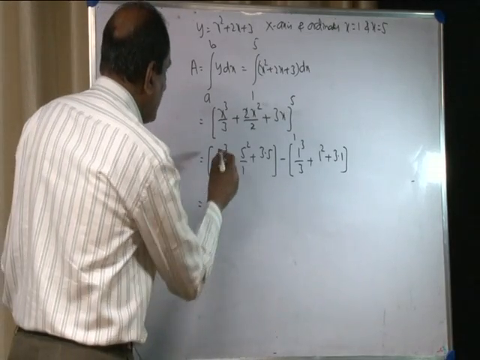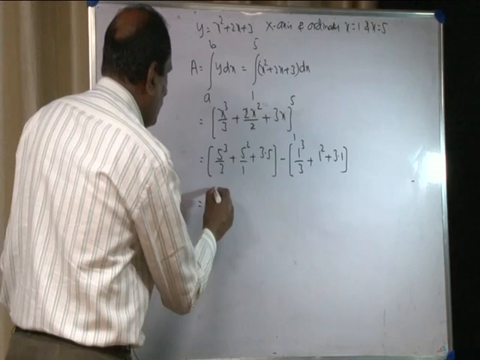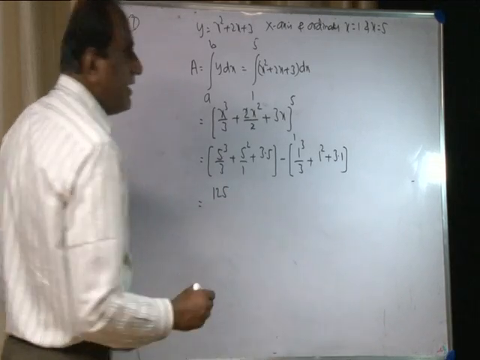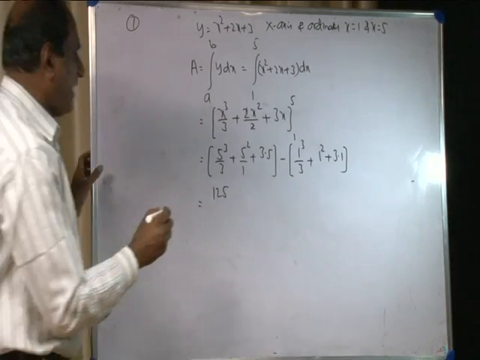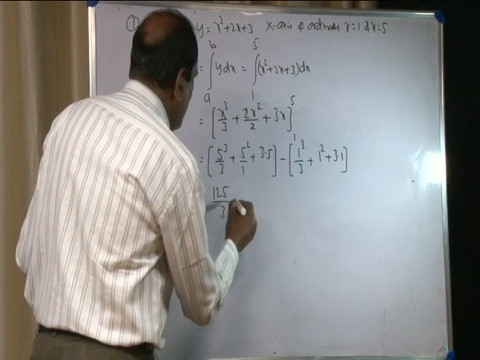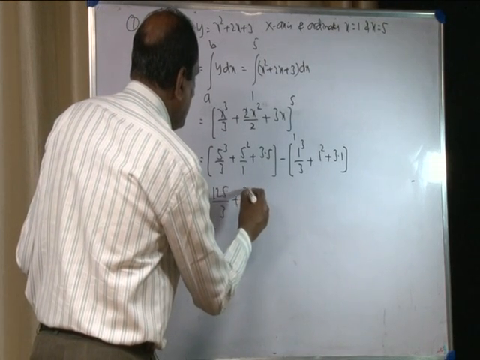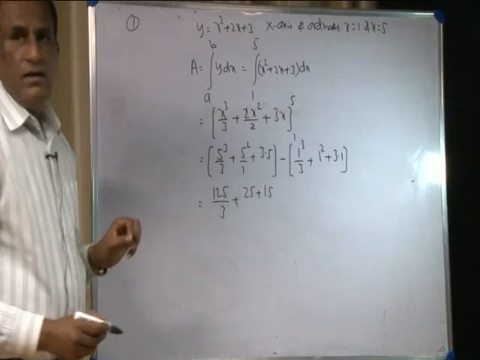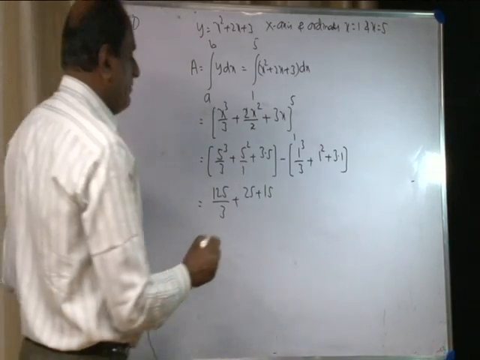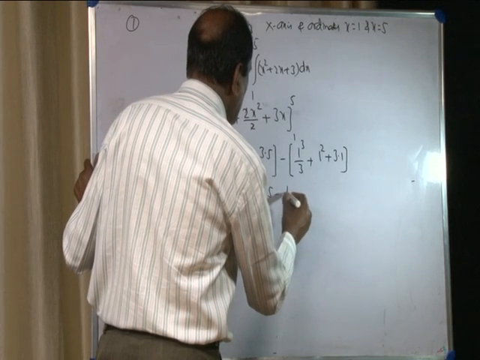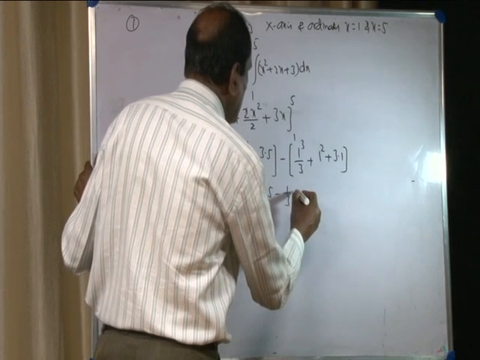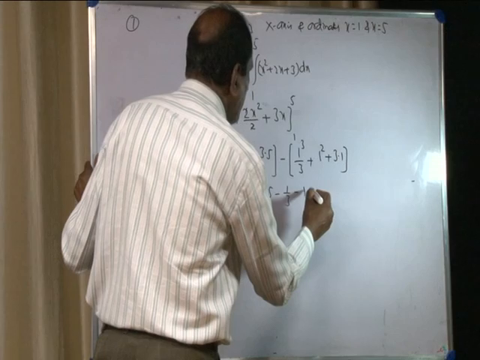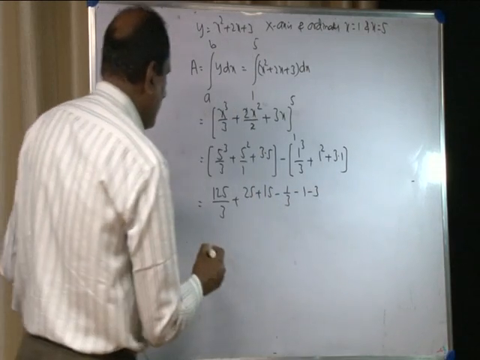So, we get 5 cube is 5 into 5 into 5, which is 125 by 3, plus 5 square is 25, plus 3 into 5 is 15. Remove the second bracket: minus 1 by 3, minus 1, minus 3.